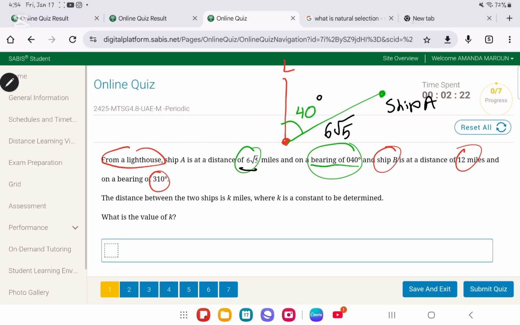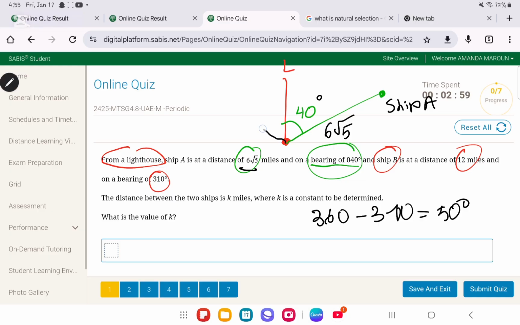A hint I will personally give you: if it is greater than 180 degrees, directly do 360 minus the angle, and you are gonna get 50 degrees. But you're not gonna do it from the clockwise side. You are gonna be doing it from the opposite side, which in my case is the counterclockwise side.